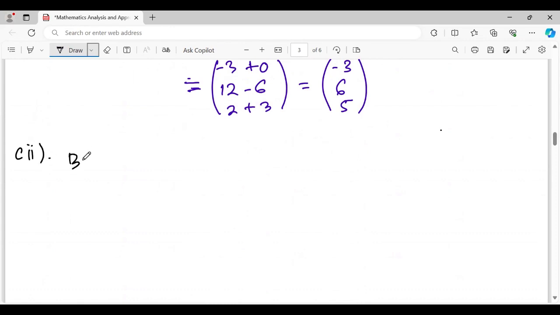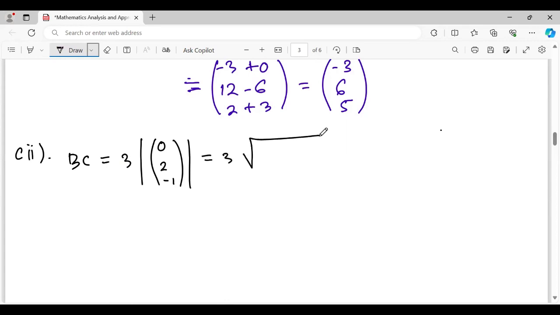So BC equals 3 times the modulus of (0, 2, -1), or 3 times the square root of 0 squared plus 2 squared plus (-1) squared, which is 3 times root 5. This is it. Next, part D.